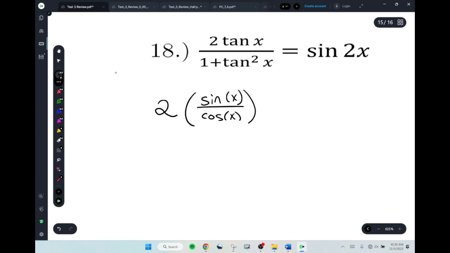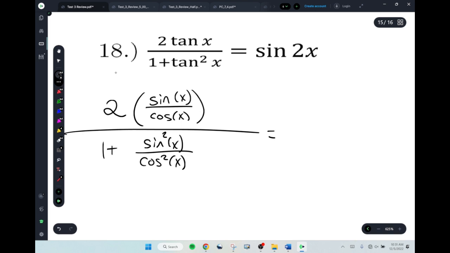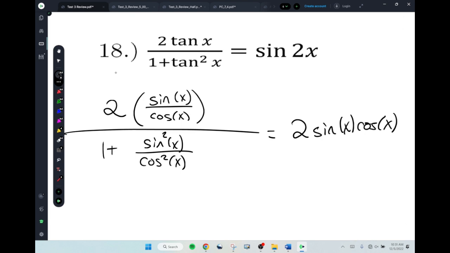Put big parentheses and do it slow. 1 plus sine of x squared over cosine of x squared, all over, equals 2 sine of x cosine of x. Is that okay? That's not too crazy. I'm just doing it differently. I'm showing you that if you don't remember any identities, any rules, anything, you can just convert the tangents to sines and cosines and slowly work your way through it.